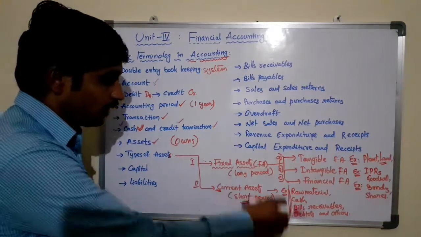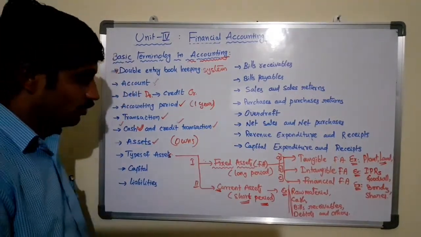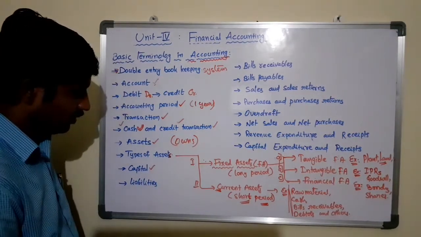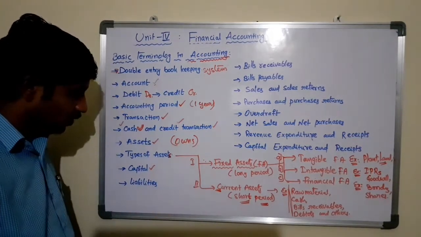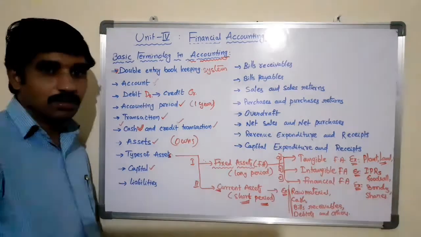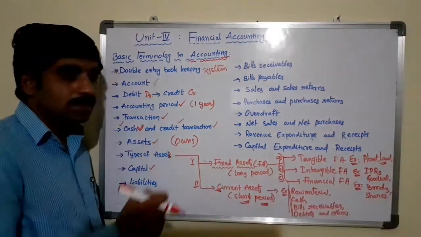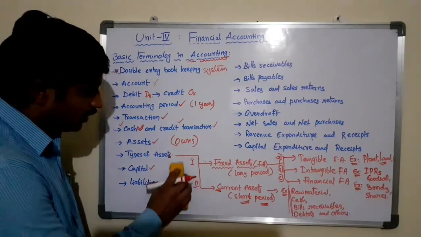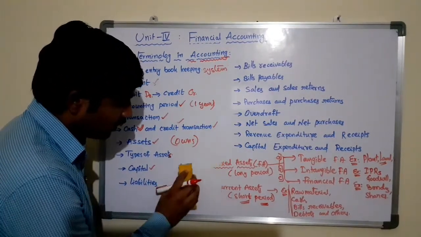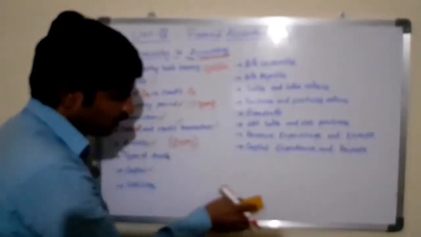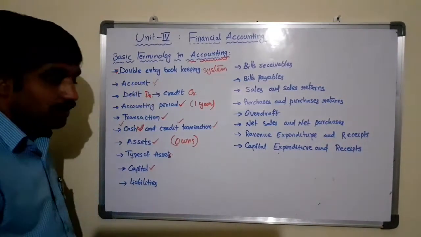These are very important in the double entry bookkeeping system. The next term that we need to understand is capital. Capital is the difference between the assets and the liabilities. Generally, we can see capital in the position statement, that is the balance sheet.